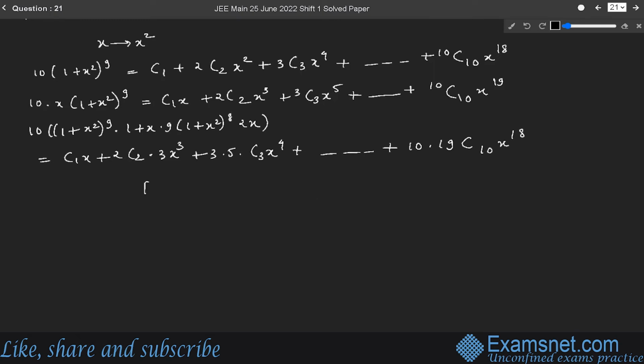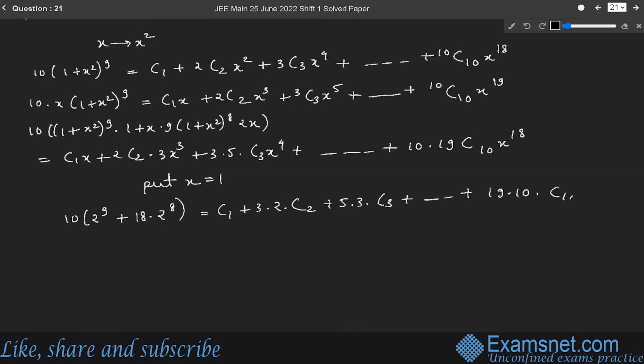Now, on putting x equal to 1, we get 10 into 2 power 9 plus 180 into 2 power 8 is equal to C1 plus 3 into 2 into C2 plus 5 into 3 into C3 plus so on up to 19 into 10 into C10. Therefore, we can write it as 10 into 2 power 9 into 10 is equal to 100 into 2 power 9.